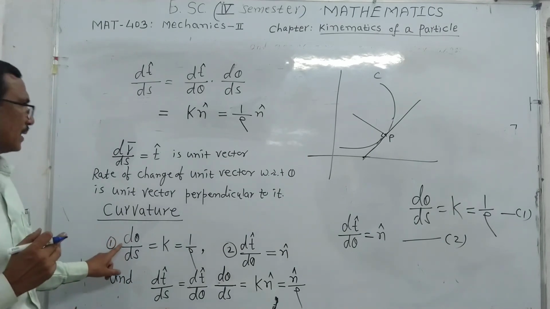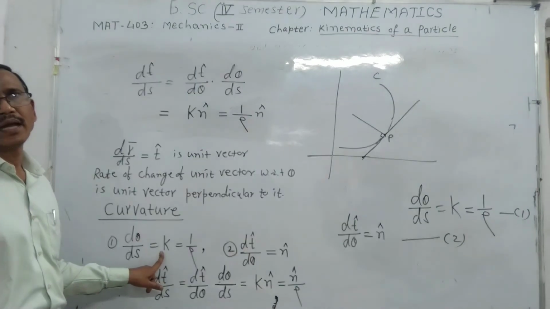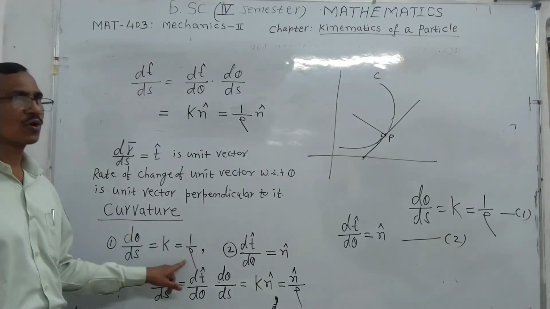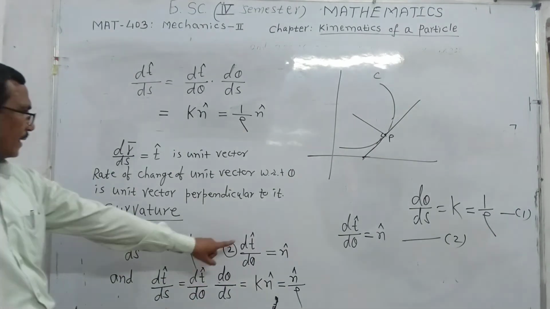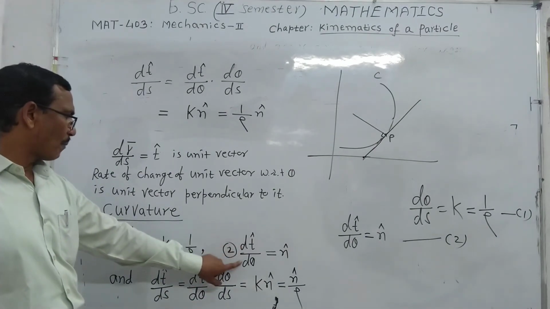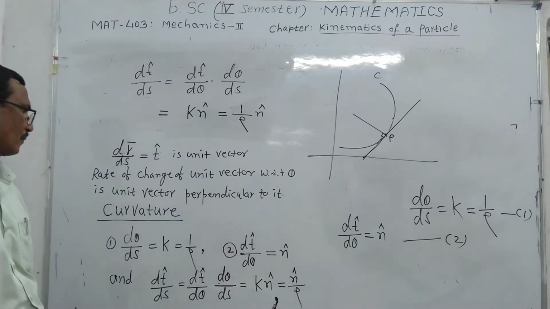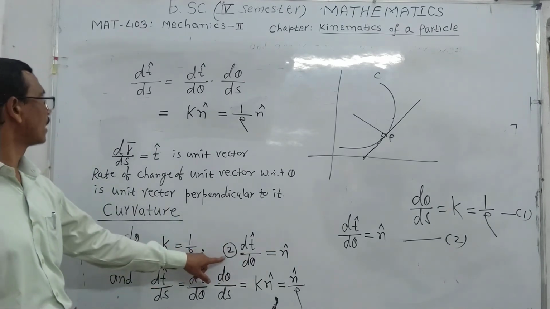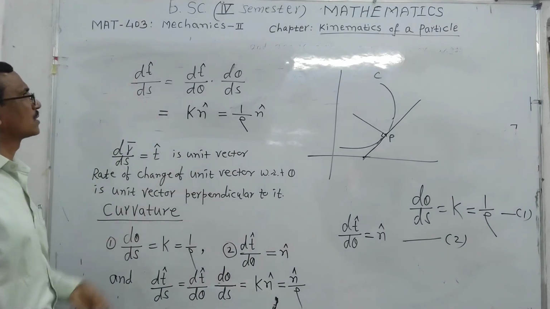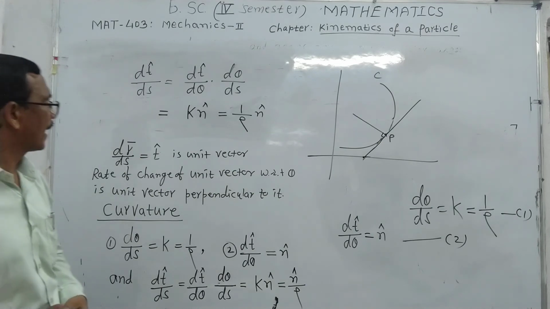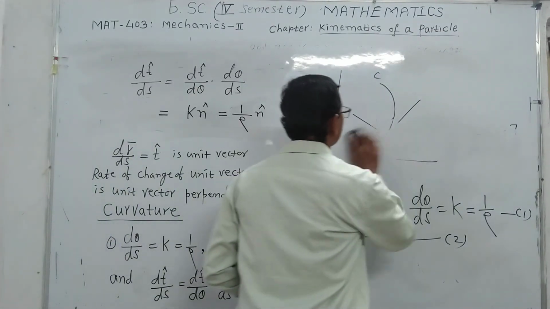Now curvature is given by d theta by ds equal to k, which is equal to the reciprocal of the radius of curvature. Then d t cap by d theta is equal to n cap, and using 1 and 2 we obtain d t cap by ds equal to k into n cap, equal to 1 upon rho into n cap.